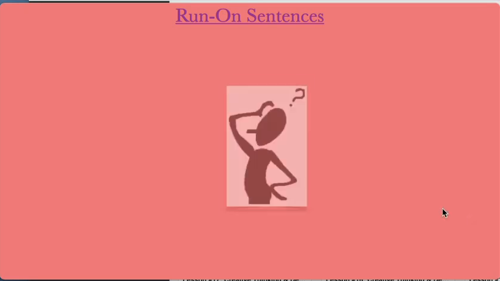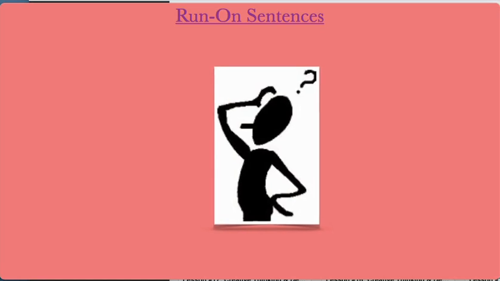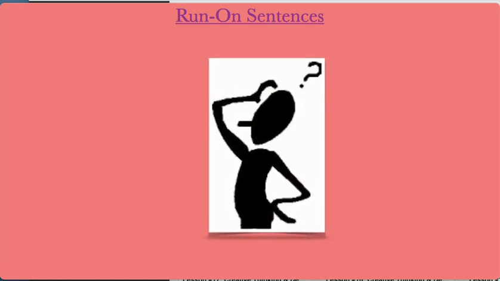I find that students are a lot of times confused about the differences between fragments and run-ons. And this is understandable since we're used to seeing graded and returned papers with the words fragment or run-on sentence without an explanation or maybe reminder of what exactly that means.